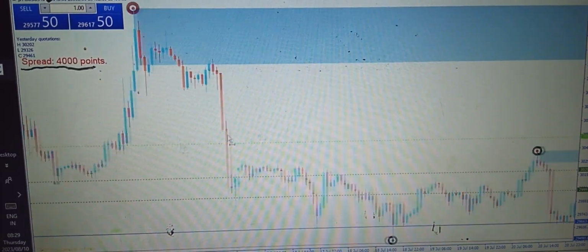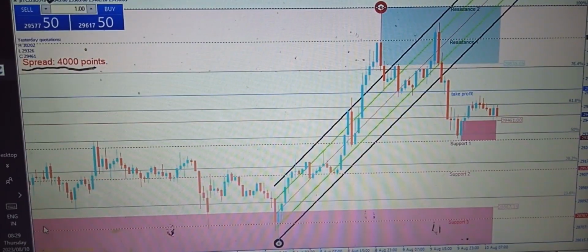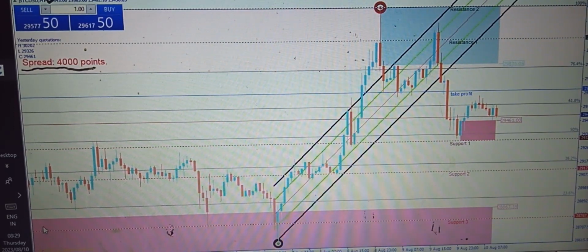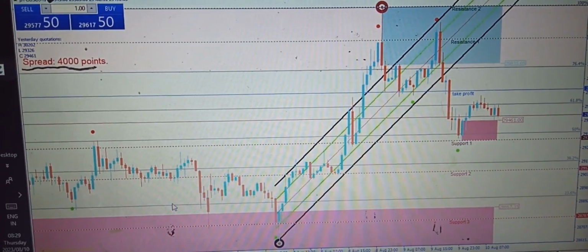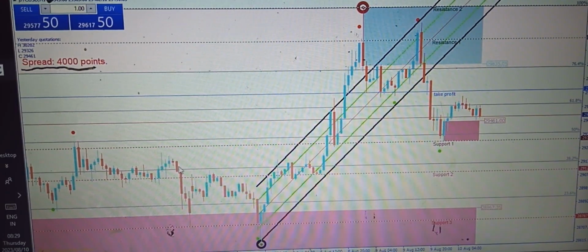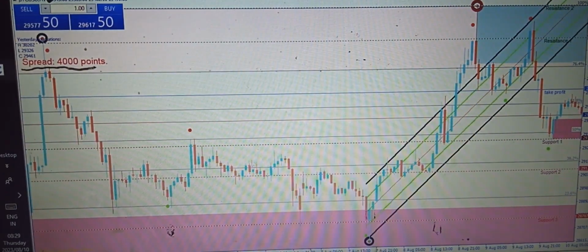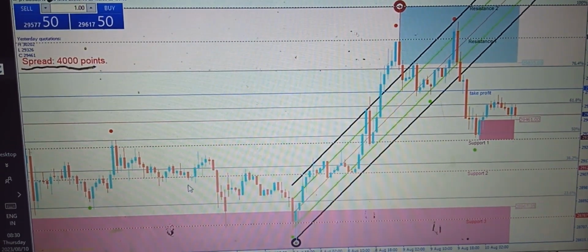Imagine how much money you can make in a day when the pair has 4,000 points. That's how effective the system is. Imagine how much money you should have been making.